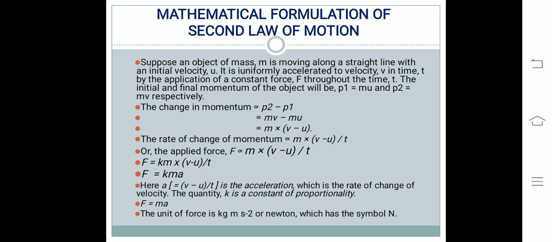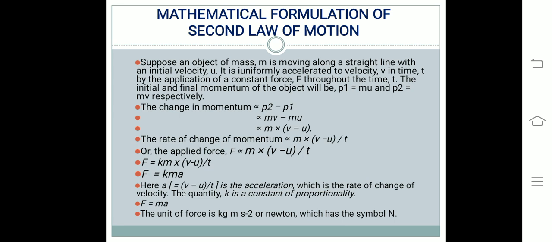The initial and the final momentum of the object: let us suppose that the initial momentum is represented by p1. It will be equal to m into u. Why u? Because u is the initial velocity. So, in case of initial momentum, we are using the initial velocity. And p2, which is the final momentum, is equal to m into v.